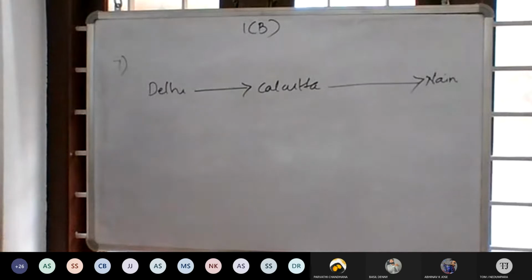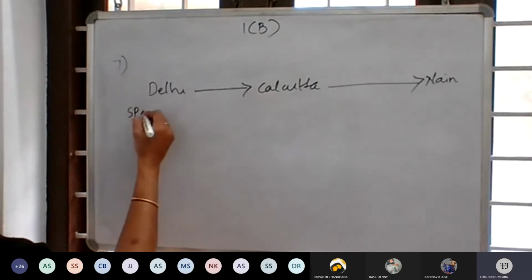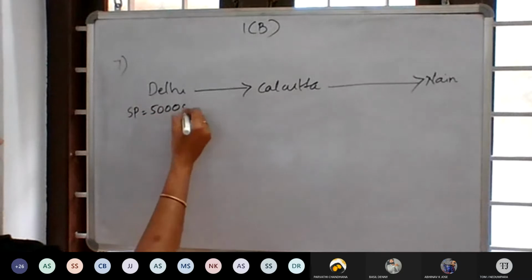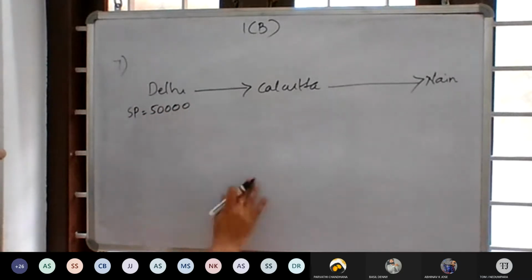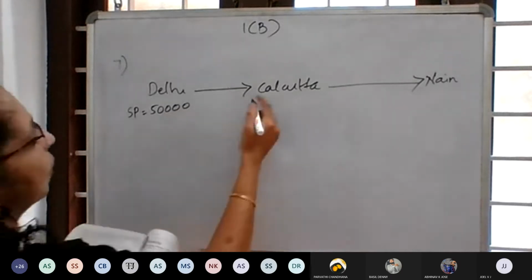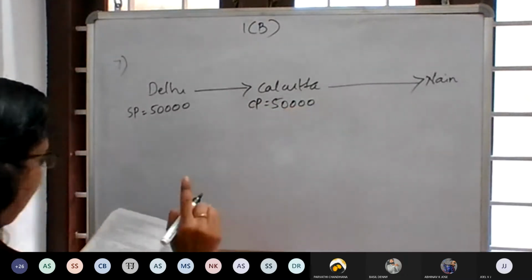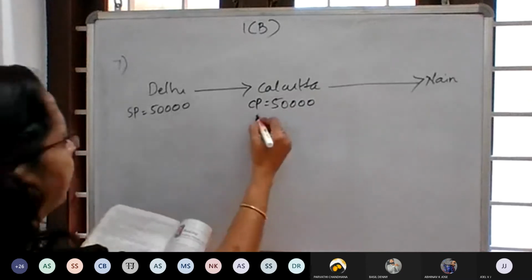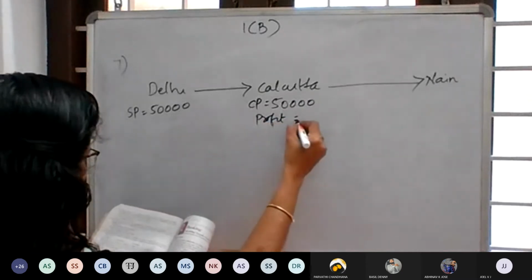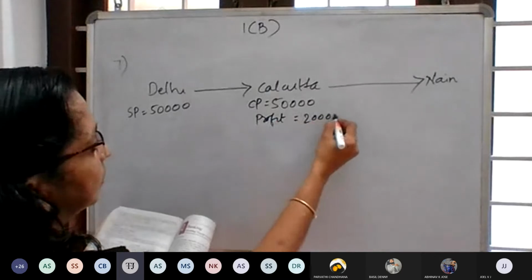First we can do SP. SP at Calcutta, CP at Calcutta will be 50,000. Profit is given as 20,000.